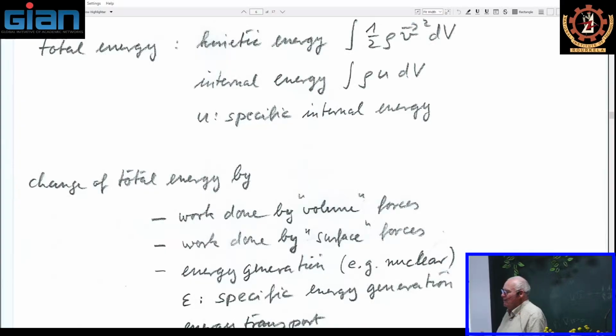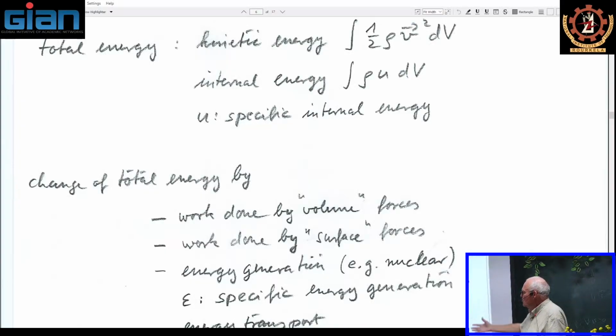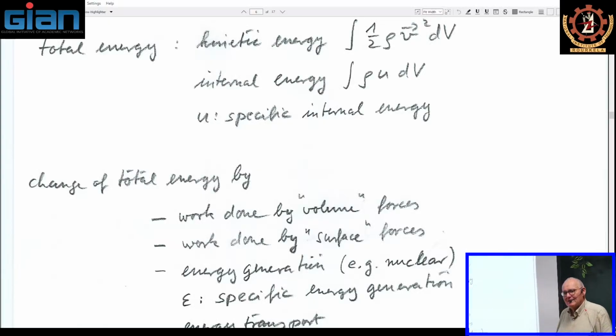I tried to convince you about a plausible way to derive the energy balance by collecting all these effects, and it has been done in a way such that we came up with a law which is consistent with the first law of thermodynamics. So we didn't prove the first law of thermodynamics, which is not possible, but we have gone a way which is consistent with it, such that after this operation we in a consistent way arrive at the first law of thermodynamics.